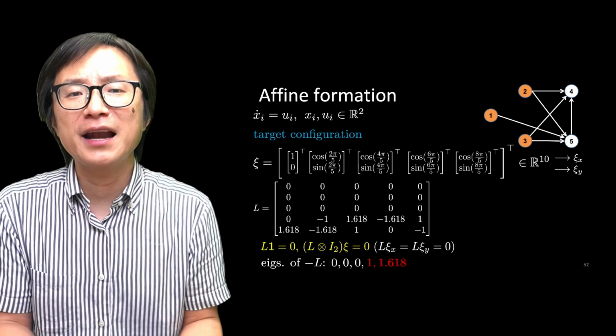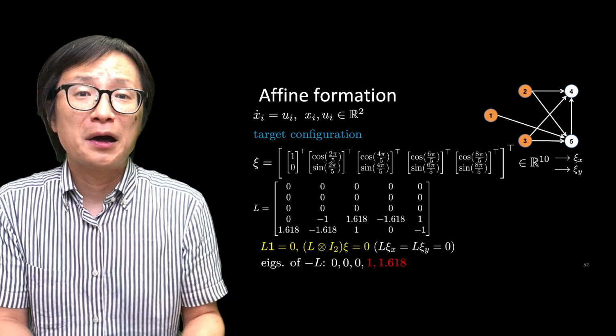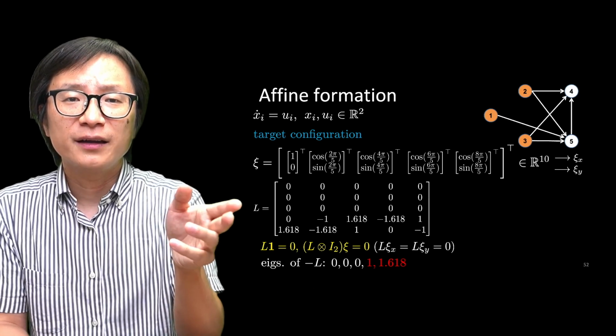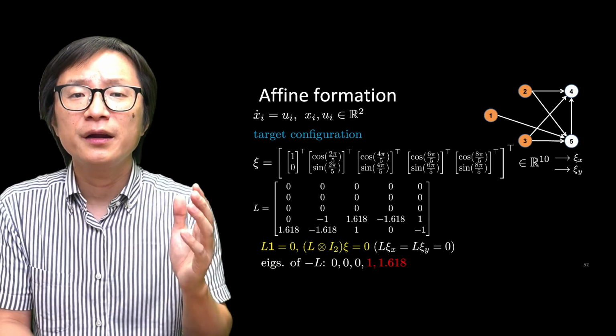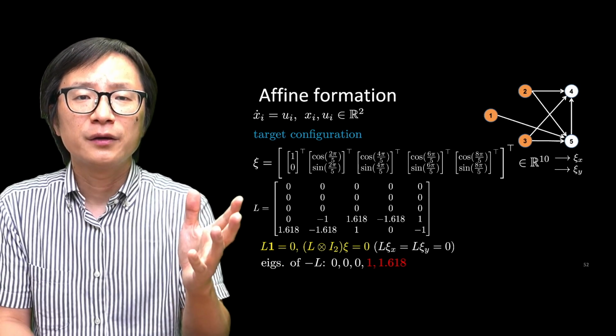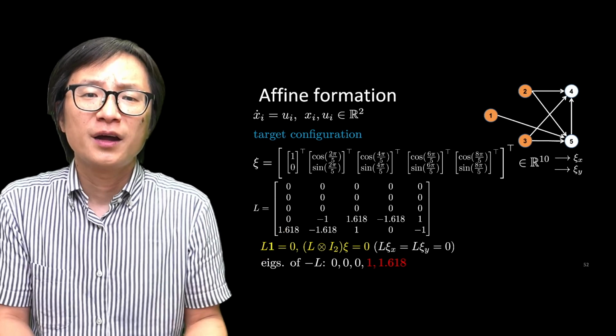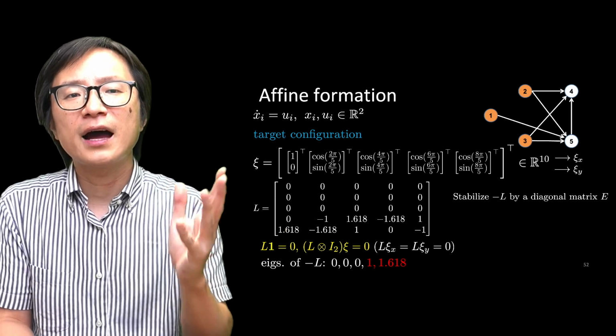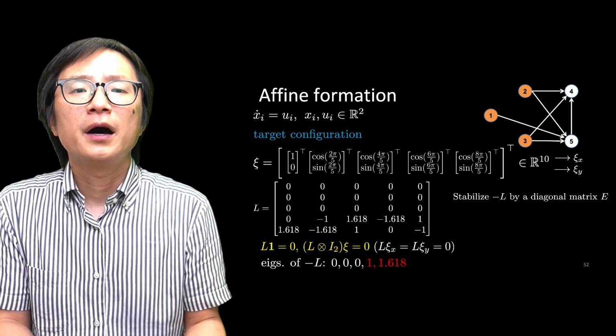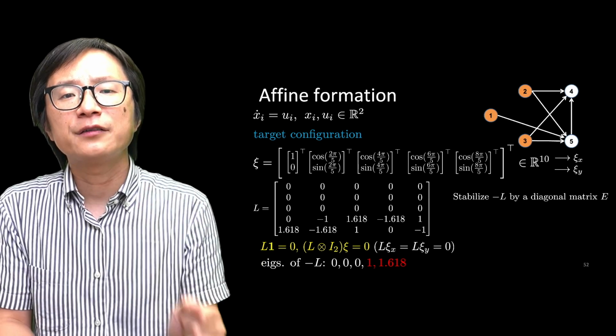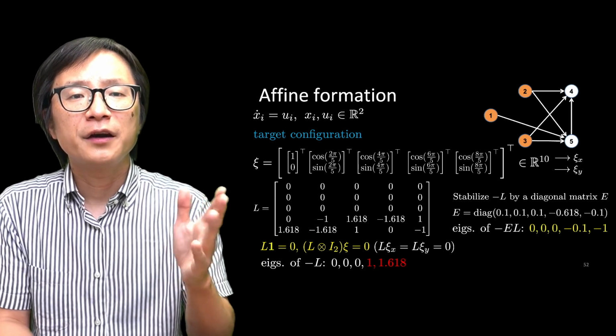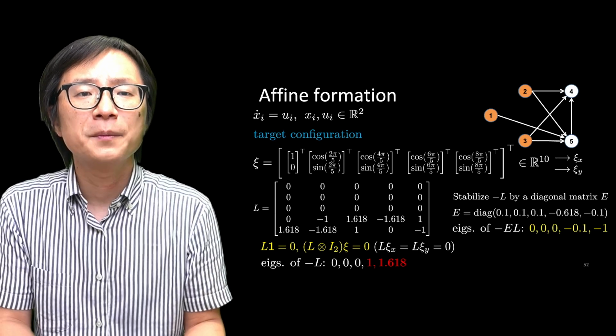So 1, Cx, Cy are the 3 vectors lying inside the kernel of the signed Laplacian. However, the eigenvalues of minus L are not stable. In fact, in this case, we have 3 zeros, but the non-zero eigenvalues are both unstable. So we need to design an invertible diagonal matrix E to stabilize minus L. And here's one solution that does the job.